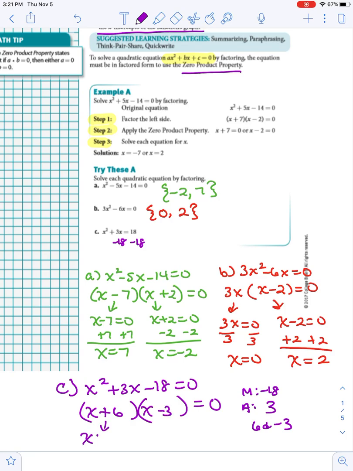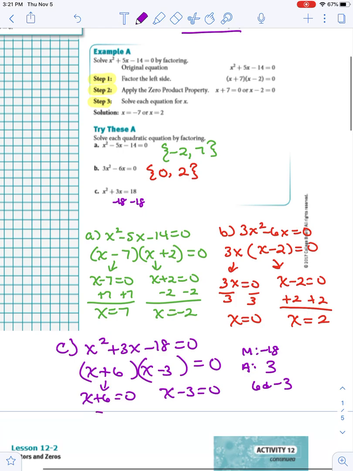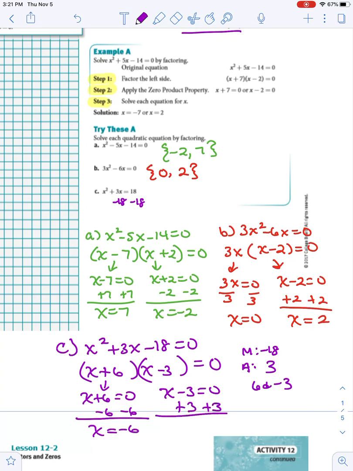Now we'll set both of those equal to 0 to solve for x. Subtract 6 on both sides, and we know that x equals negative 6. Add 3 to both sides, and x equals 3. So we actually have two answers again. It's negative 6 and positive 3.